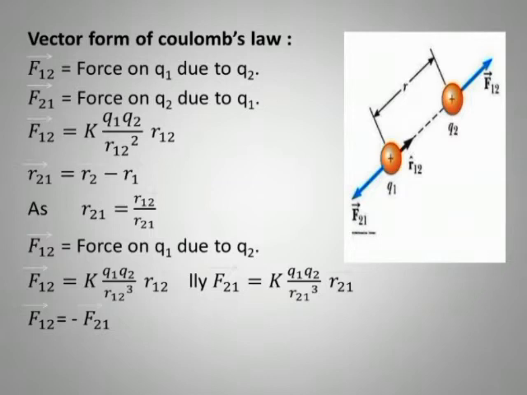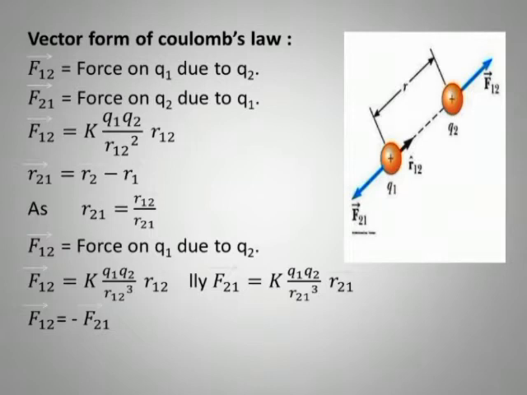So for the distance also you're going to mention which charge is experiencing forces due to which other charge. So what is this r12 cap? You should get a cap. It is not visible. Make sure there is a cap over here. So what is this extra term given? It is telling you about the direction of the forces.